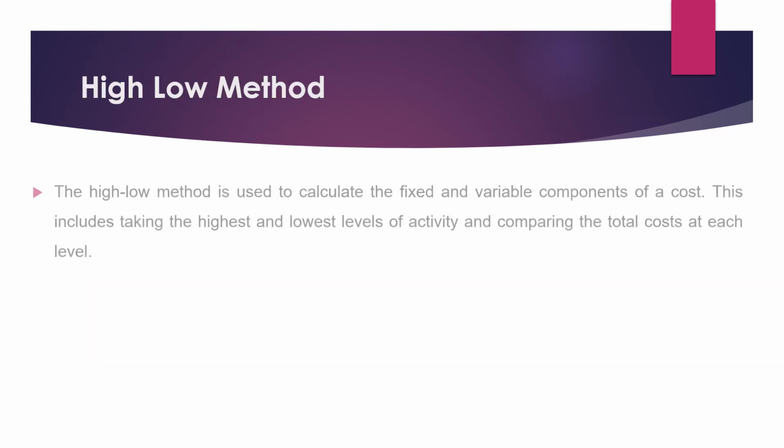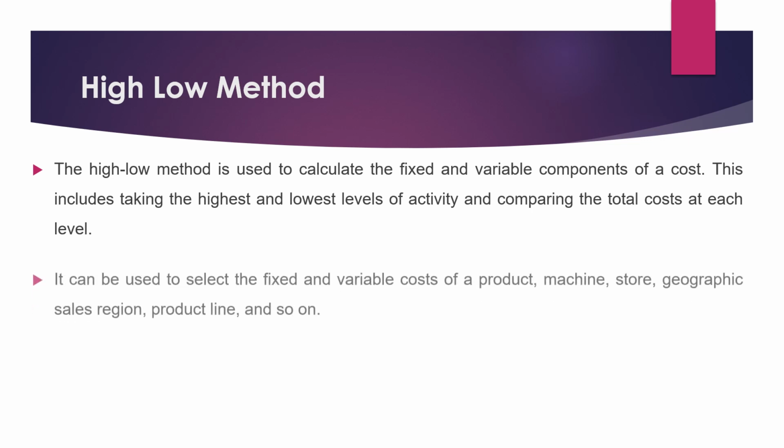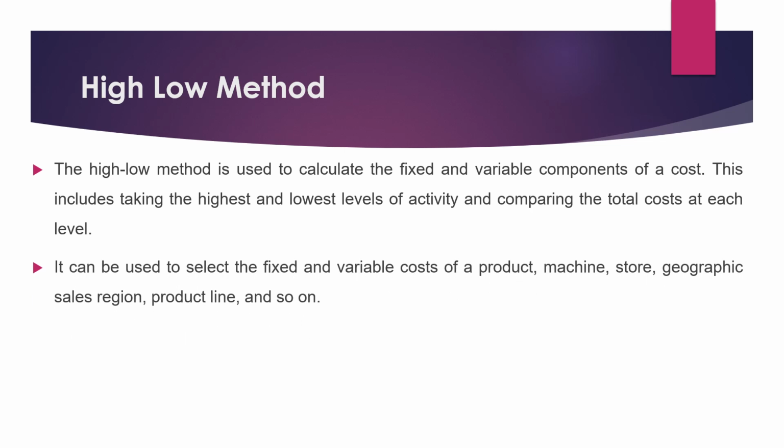High-low method is used to calculate the fixed and variable component of a cost. This includes taking the highest and lowest level of activity and comparing the total cost at each level. It can be used to separate the fixed and variable cost of a product, machine, store, geographic sales region, product line, and so on.